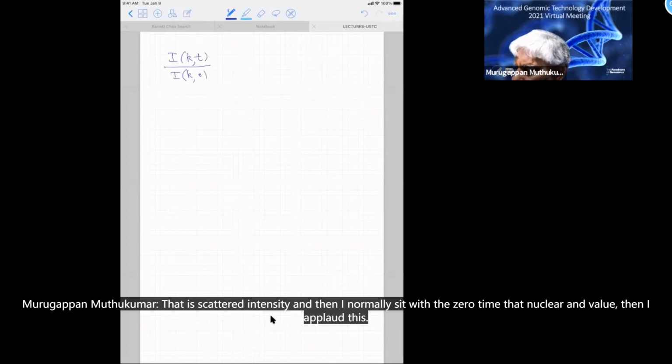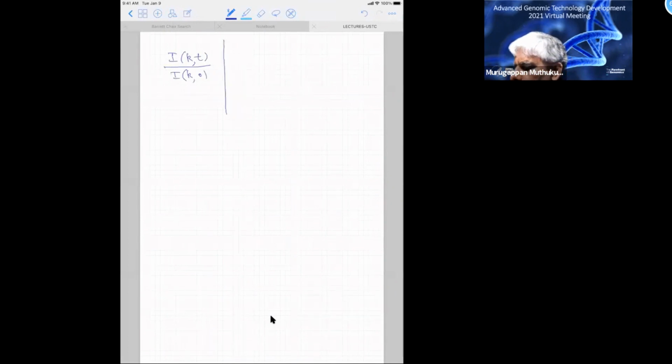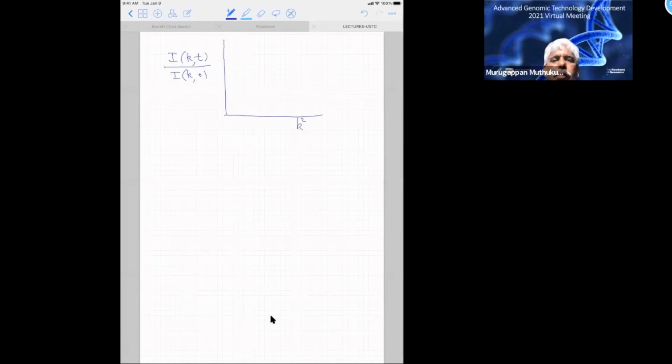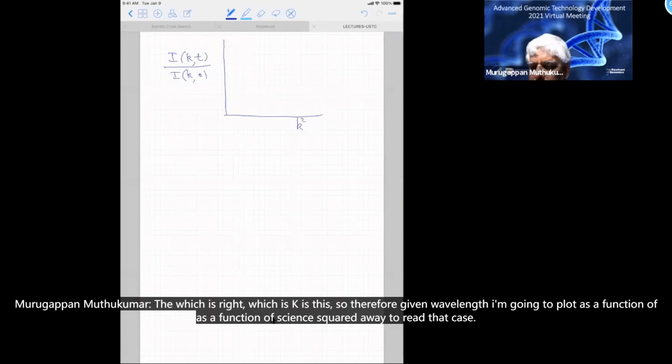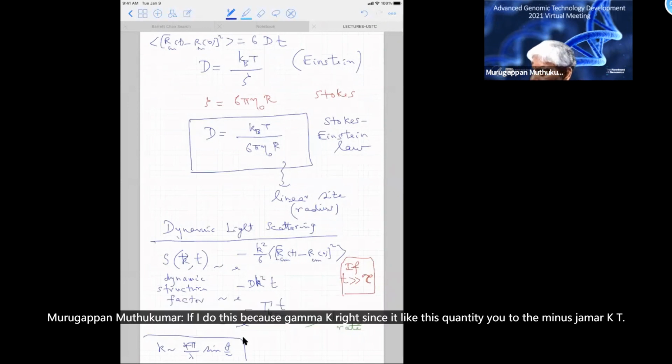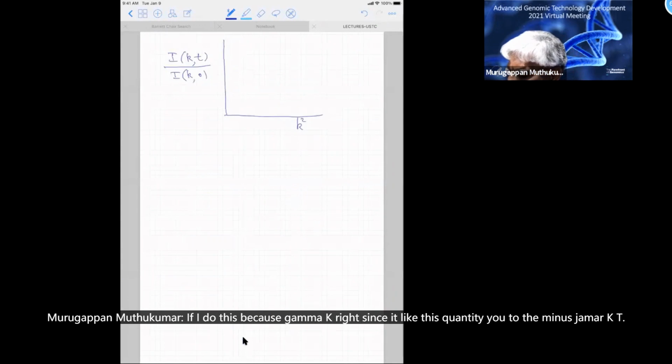And then I plot this as a function of k squared, which is k is this. So therefore, given wavelength, I'm going to plot as a function of sine squared theta by 2, right? That's k squared.